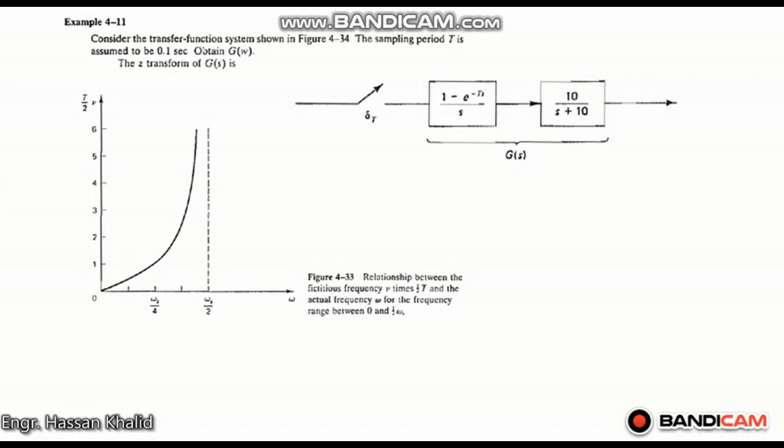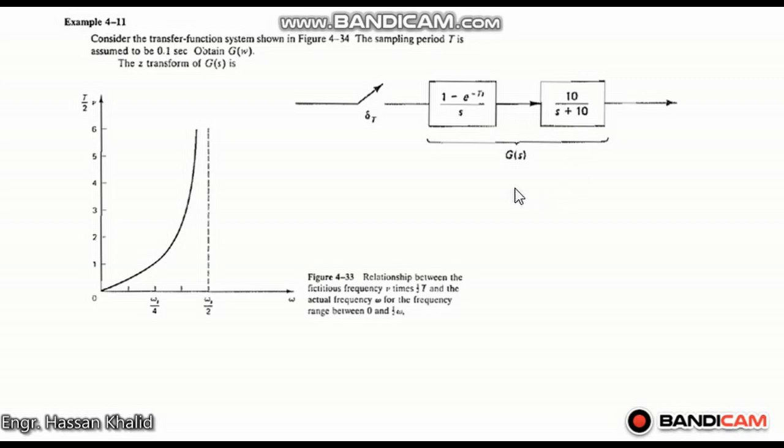Now let's consider example 4.11, in which we are going to apply the concept of bilinear transformation. Consider the transfer function system shown in figure 4.34 with sampling time 0.1 second, and we are going to apply the bilinear transformation to the system.